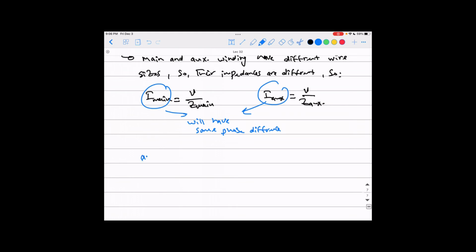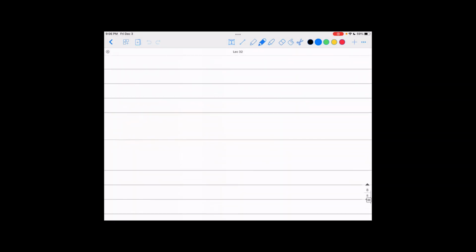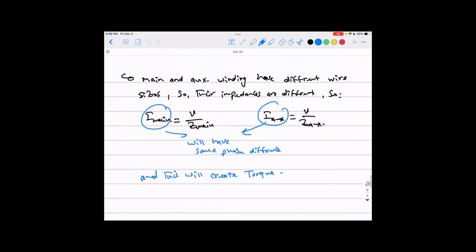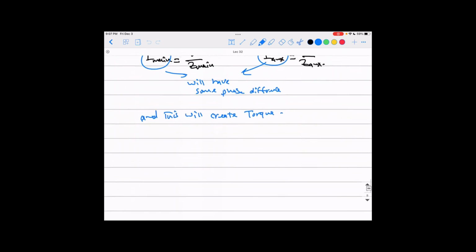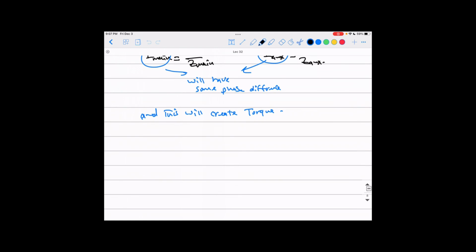Okay, and this will create torque. Why? The whole point is that we want the phase difference between those two currents to be 90 degrees, so they will be balanced. But like that, they will not be 90 degrees. So this phase difference here will not equal 90 degrees as we want.